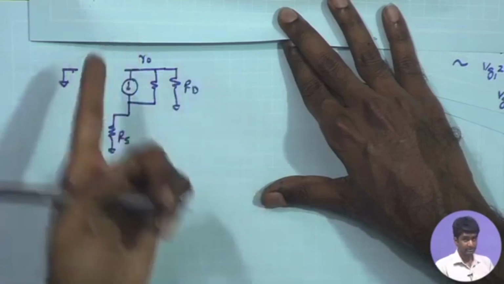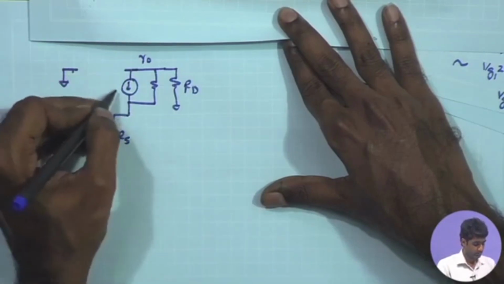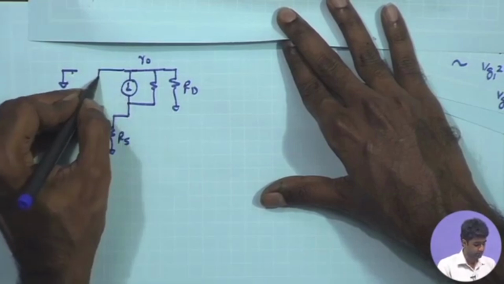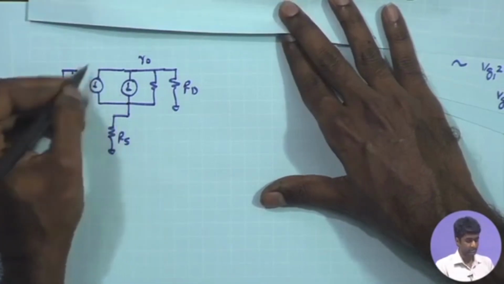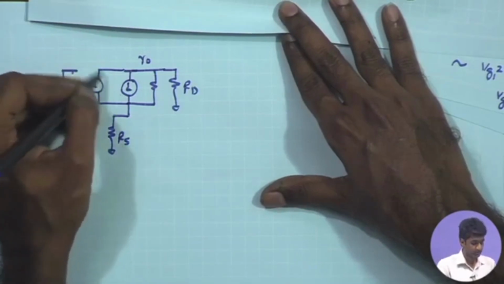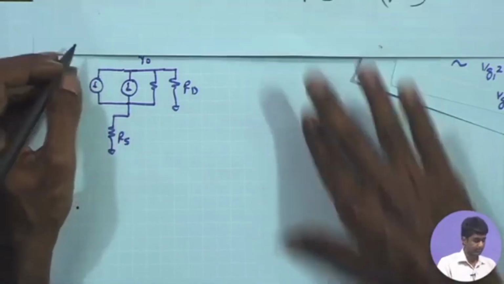We know that RD is much greater than RO, much greater than RS, and here you are having the GM VGS definitely, and apart from that you also have the noise current, which is 4 kT gamma GM. It is not dependent upon the VGS, it is just a constant term which is having some RMS amplitude, so we can call it some constant times root GM.